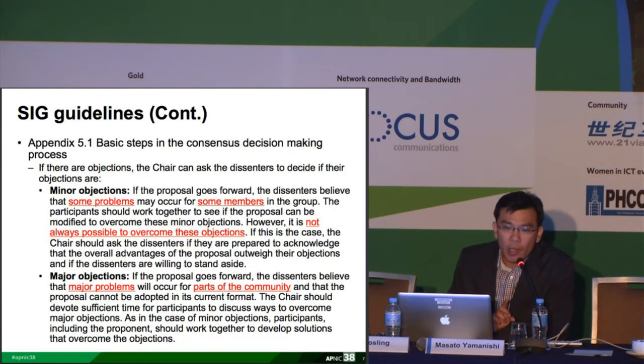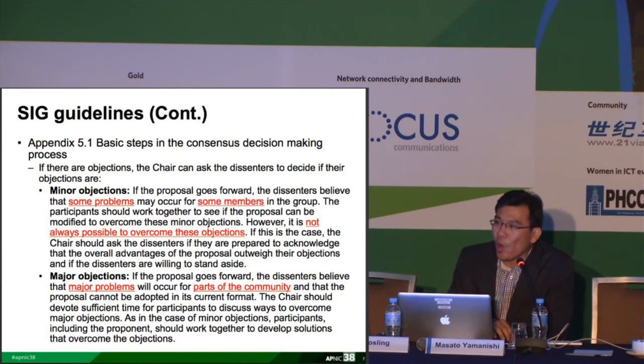Another point is this appendix also describes what are minor objections and what are major objections. I think they are pretty good descriptions, but it is an appendix of the SIG guideline.